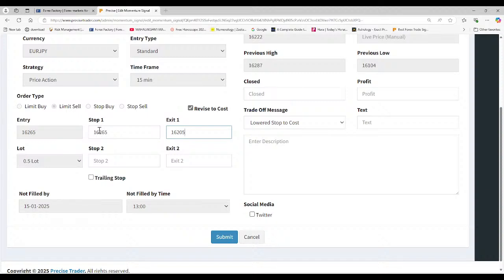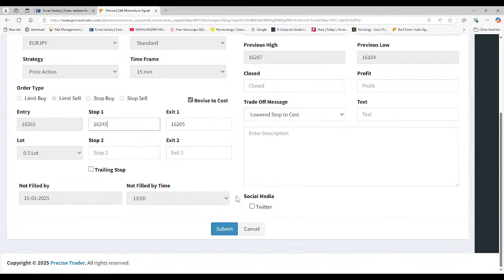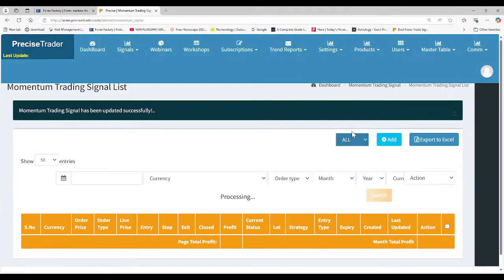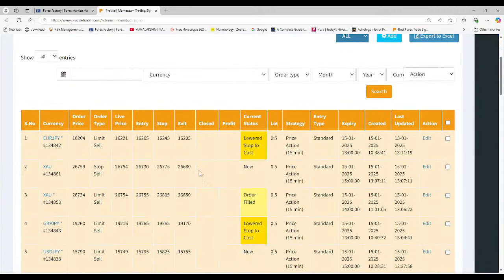So what we are going to do now is revise this to 62.05, and since this is already making money, we should lower the stop to 45. Okay, 45. So this is how you should be managing the trade. In other words, we wait. I'll give another 50 minutes for my price target to reach.